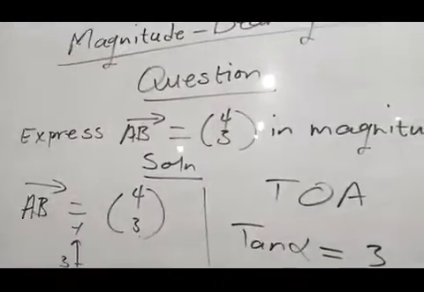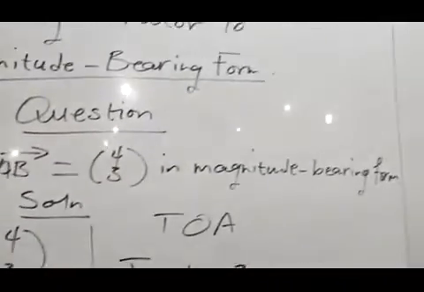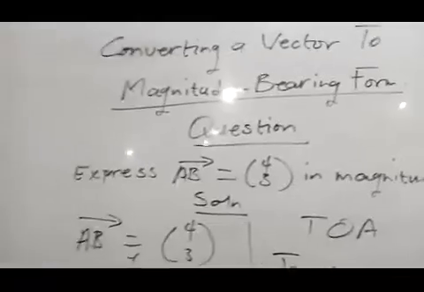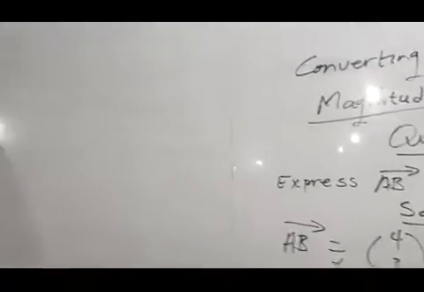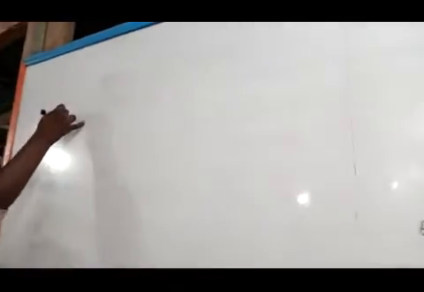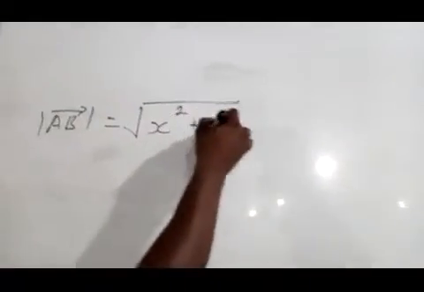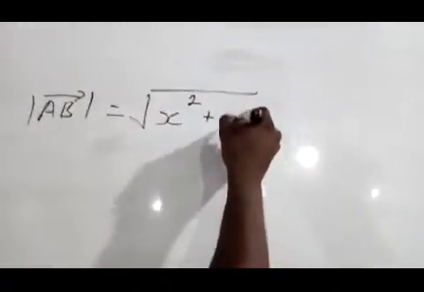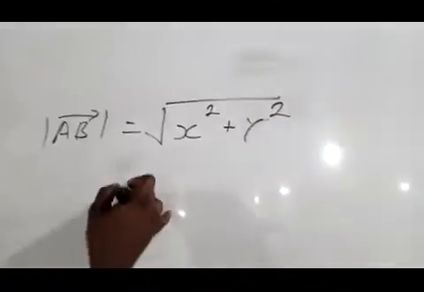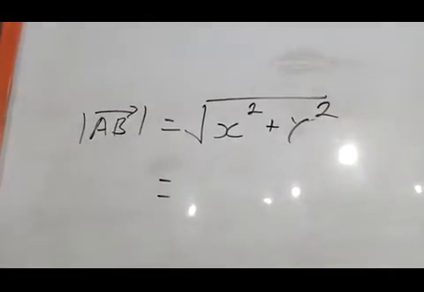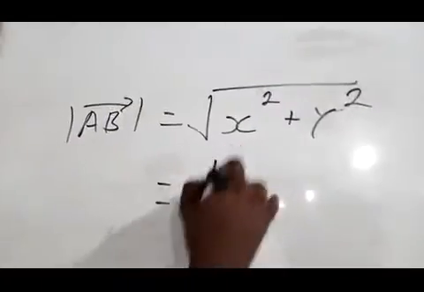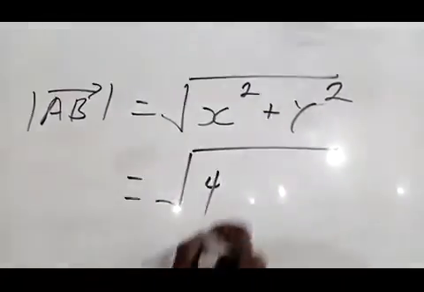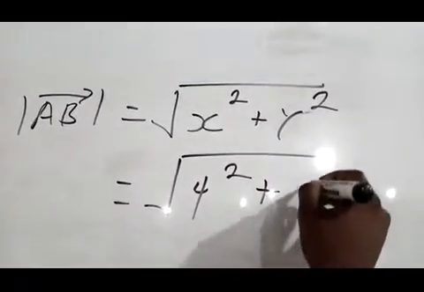We have already gone through the fact that the formula for magnitude is the square root of x squared plus y squared. So for AB, which is (4, 3), the x-coordinate is 4 and the y-coordinate is 3.